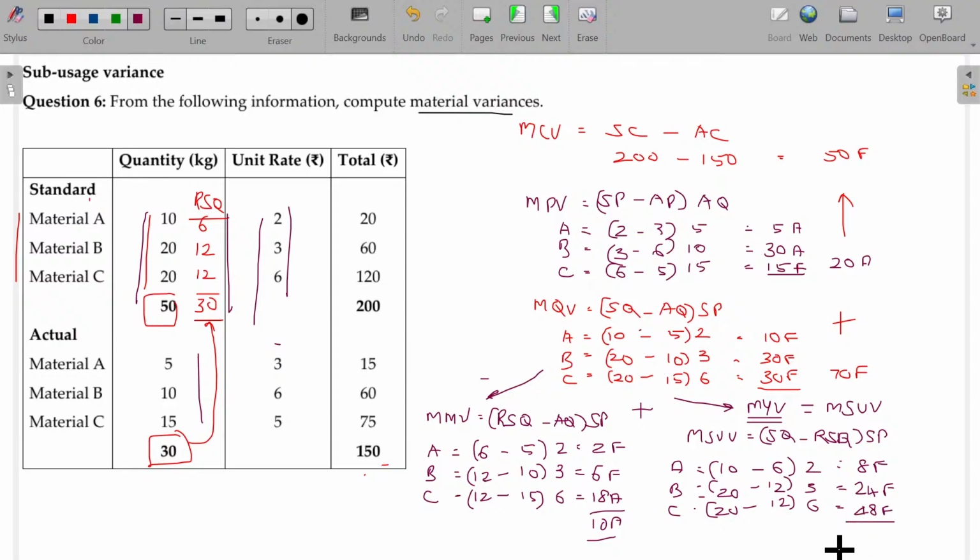What is the ultimate value? 80 favorable. If you add up this 80 favorable, 10 adverse, you will end with 70 favorable. With that, all the variants of material variances are over.